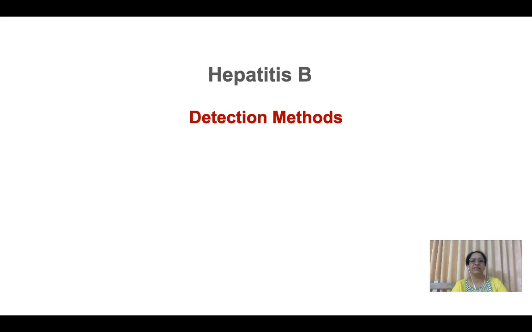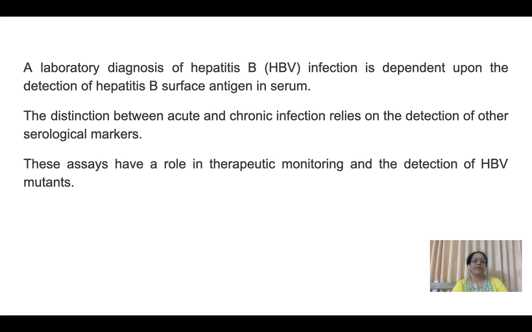Now we'll see in detail the detection methods of hepatitis B. Laboratory diagnosis of hepatitis B infection depends upon detection of hepatitis B surface antigen in serum, that is, presence of HBs antigen. The distinction between acute and chronic infection relies on detection of other serological markers.